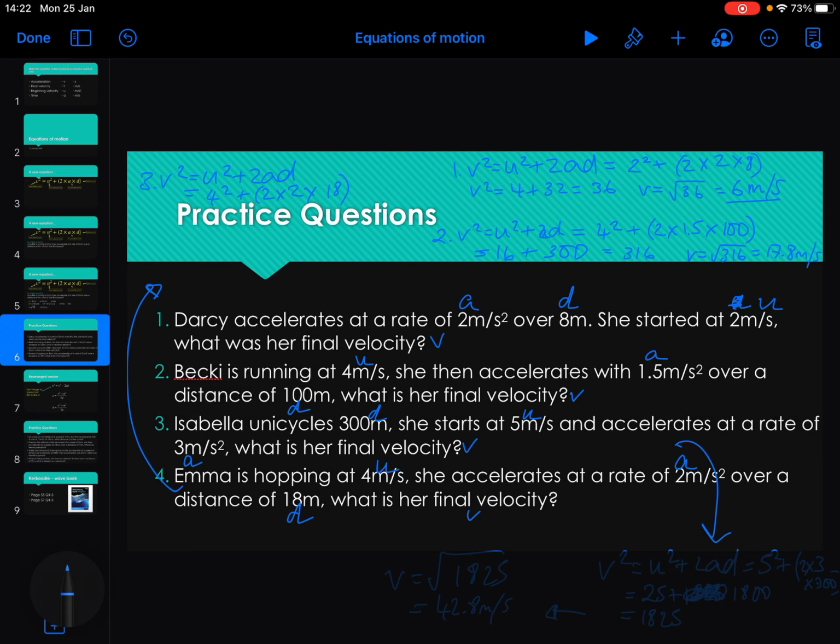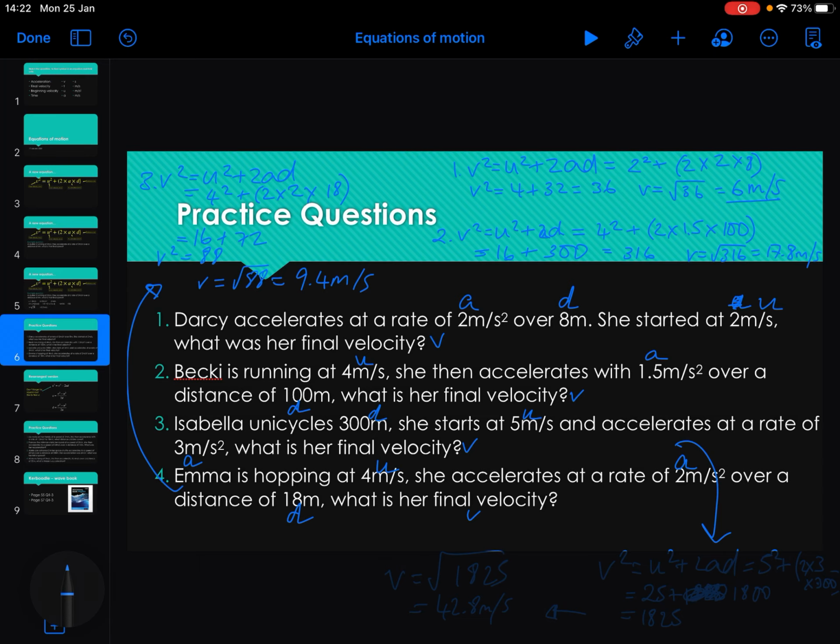So that is 16 plus 72, which is 88. So V squared equals 88. And now we just need to square root it. V is the square root of 88, which is 9.4 meters per second.